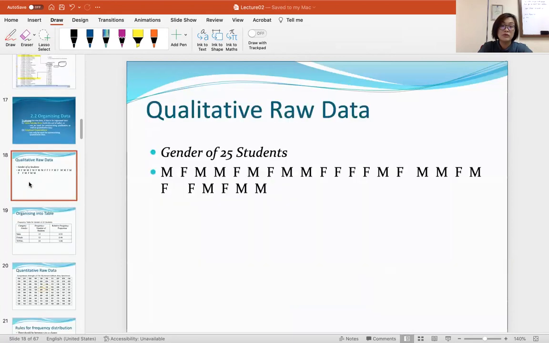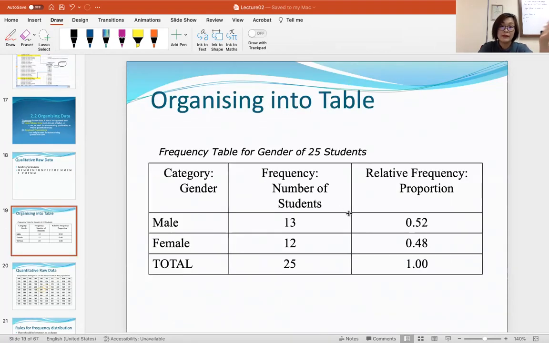For qualitative data, for example, I have 25 students and I can still convert it into table form. I divide into 2 subgroups, it's quite easy, female and male. I count them and convert them into a frequency table. That is the simplest one.